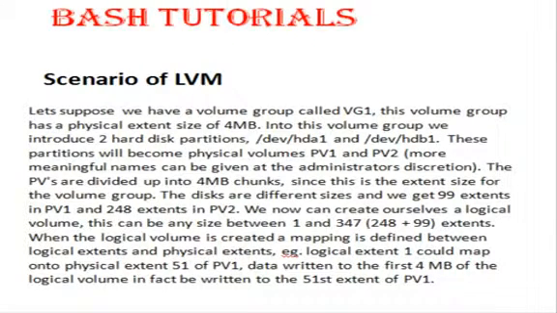Last but not the least, the last part which I want you guys to know is that LVM can be used as a backup solution as well, because there is an option in LVM through which you can take a snapshot of your present volume, then you can have that copy in another volume, and then you can detach that LVM and have the same LVM on a second server.